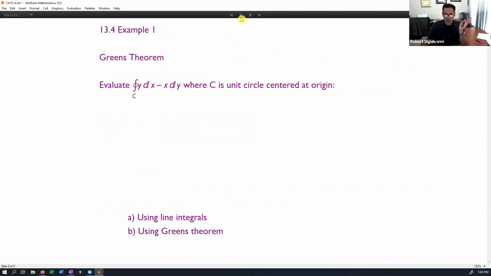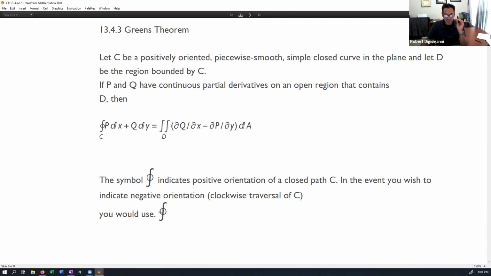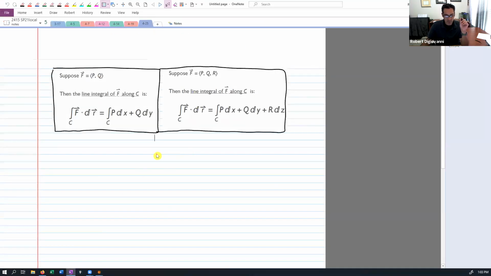Okay, so we get straight into an example, but I just want you to all understand before we get into this example, this integral right here, we actually have done this in the previous sections, and I'll show you in our notes. It was basically these two notes. When we were trying to calculate work earlier, we said that we had a vector field.